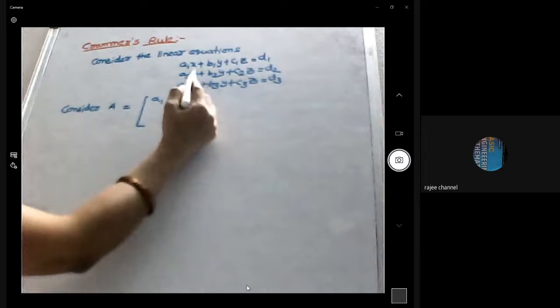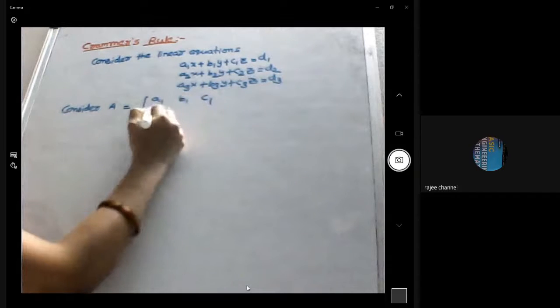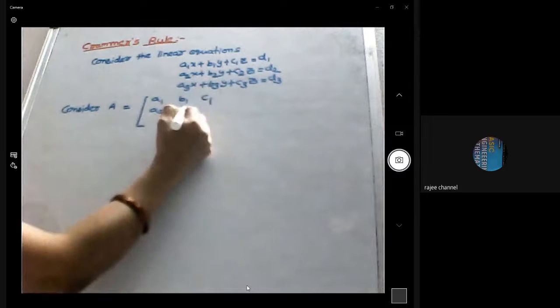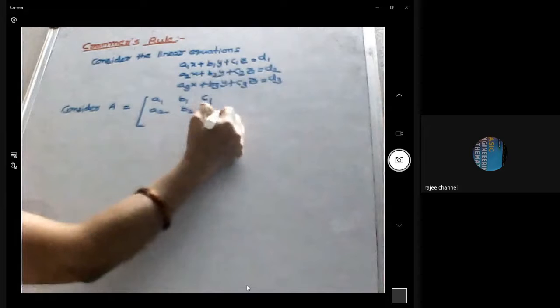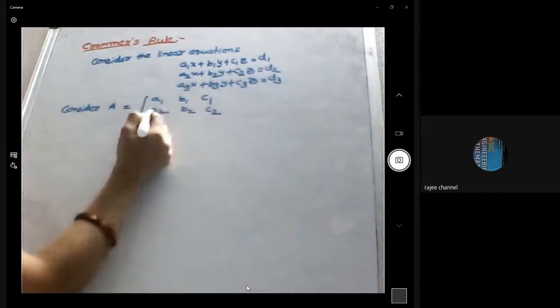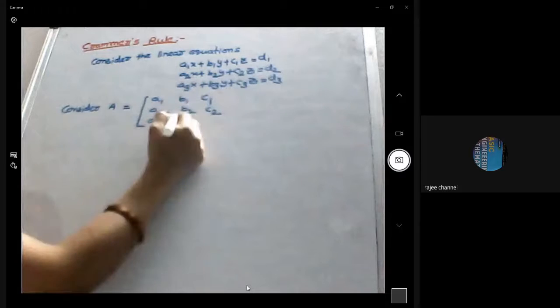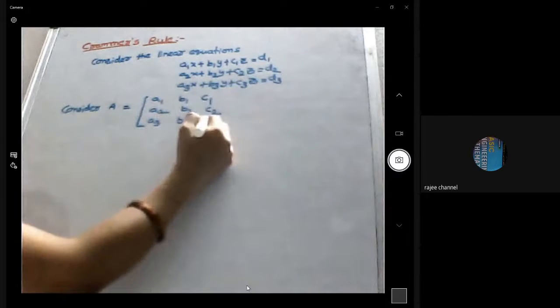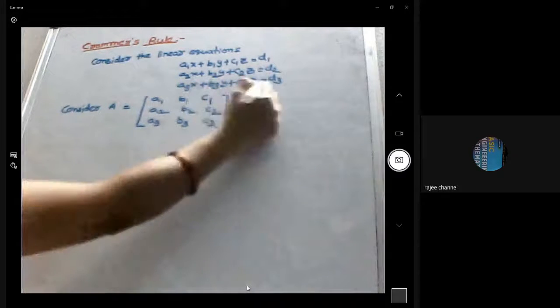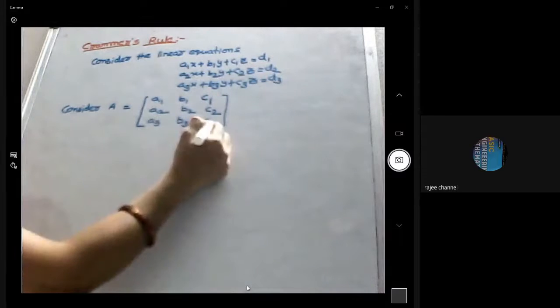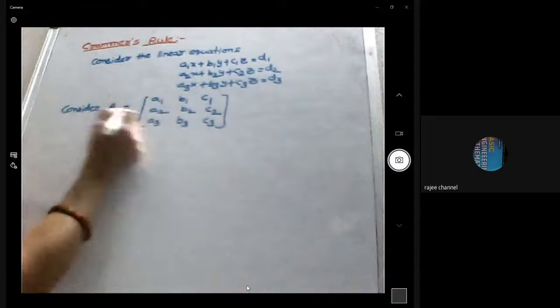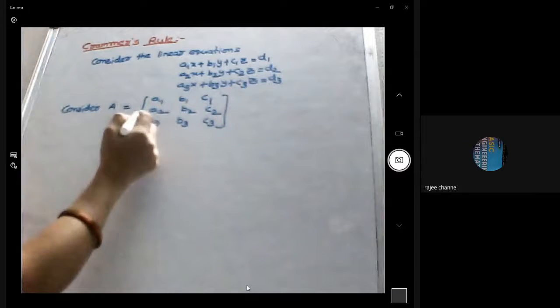Next, the x coefficient a2, y coefficient b2, z coefficient c2 of the second equation are taken as the second row. The x coefficient a3, y coefficient b3, z coefficient c3 of the third equation are taken as the third row. That is the matrix A. So A matrix is like this.